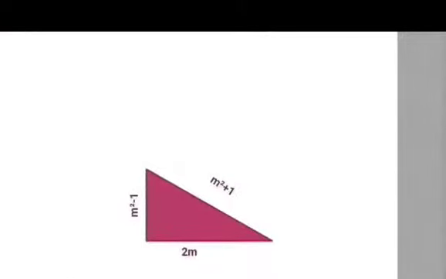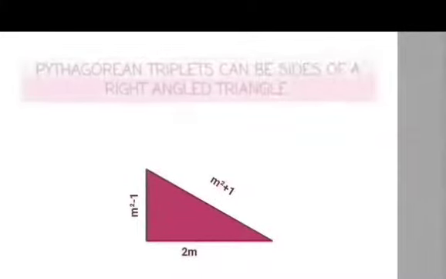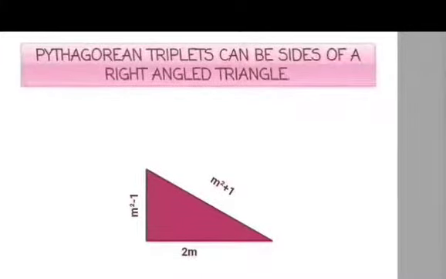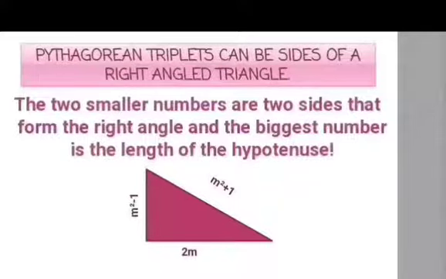Let's get this concept a little more clear with the help of this right angle triangle. According to this Pythagorean triplet, we are dealing with a right angle triangle where the two smaller numbers are the two sides that form the right angle, and the biggest number is the length of the hypotenuse.